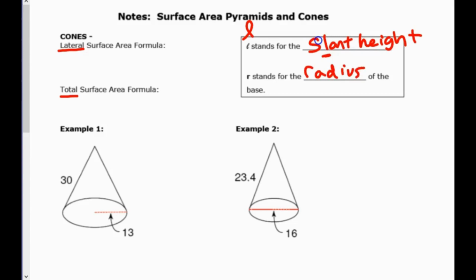So it has a radius, right? Does everyone know the difference between a radius and a diameter? All right, so R stands for radius, and just as a side note, that's half of the diameter, right?